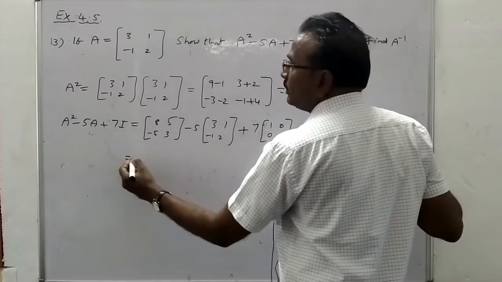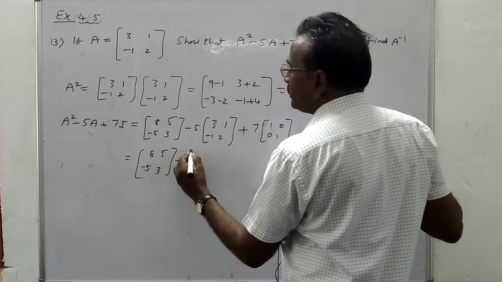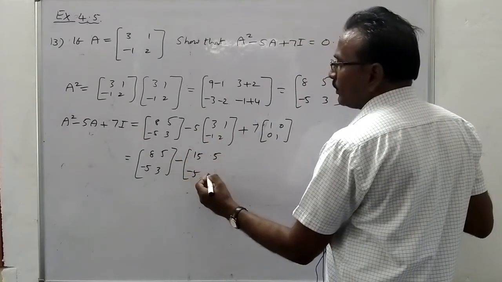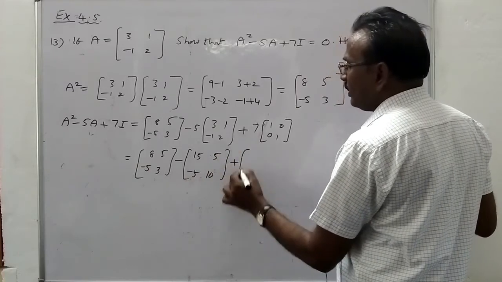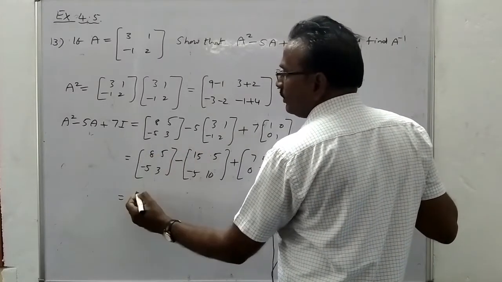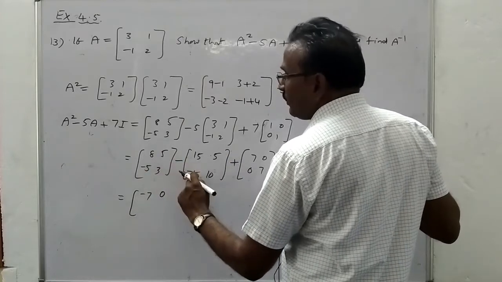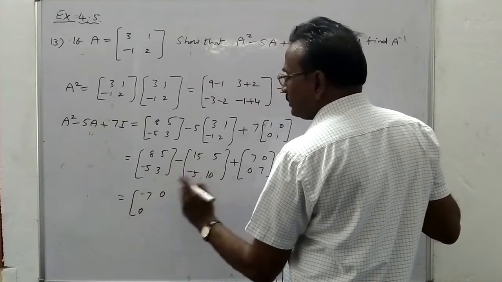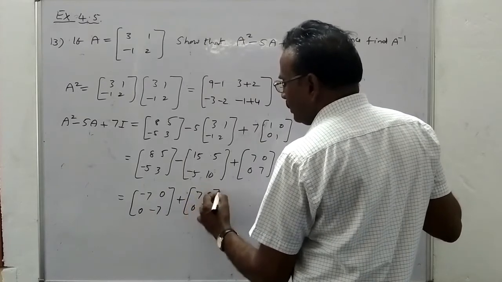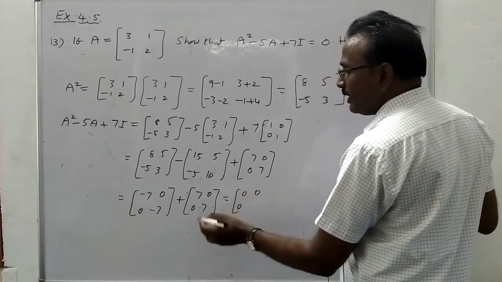That is [8 5; minus 5 3] minus, multiply every element of matrix A by 5: 5 3s are 15, 5 1s are 5, minus 5, 10, plus 7 times the identity, [7 0; 0 7]. So 8 minus 15 plus 7 is 0, 5 minus 5 is 0, minus 5 plus 5 is 0, 3 minus 10 plus 7 is 0. The value is the null matrix 0.